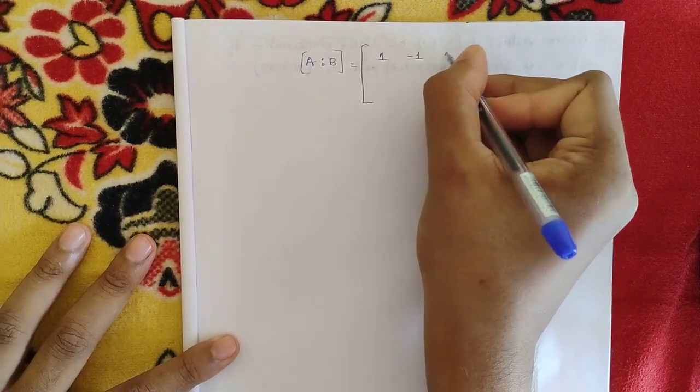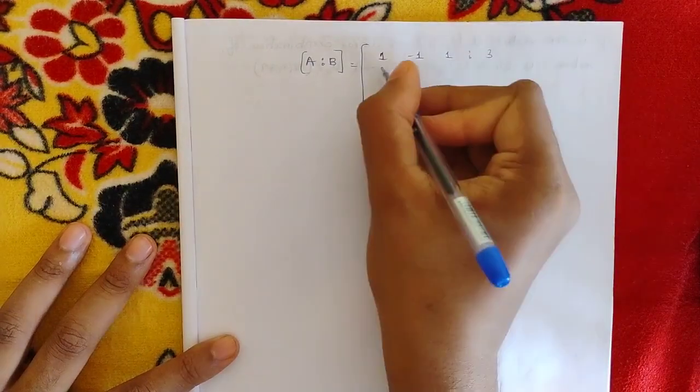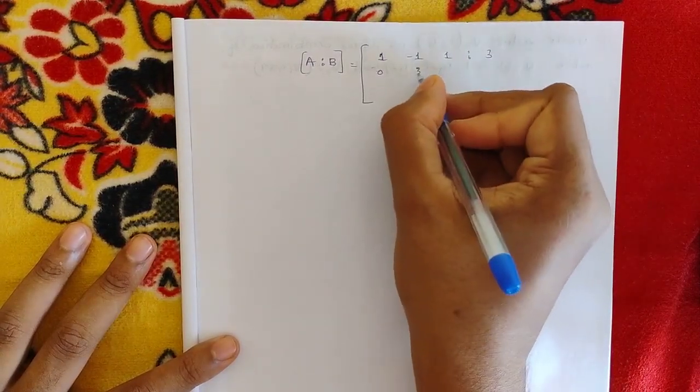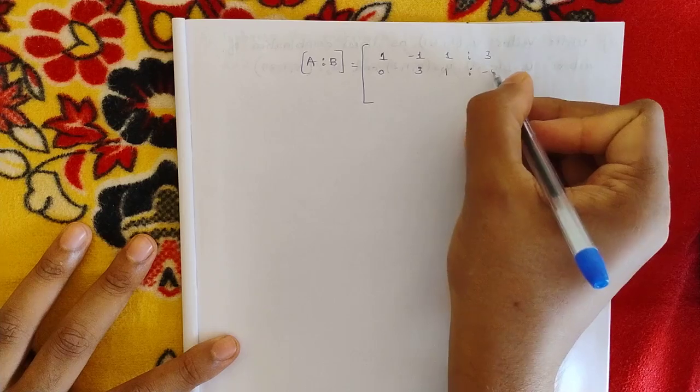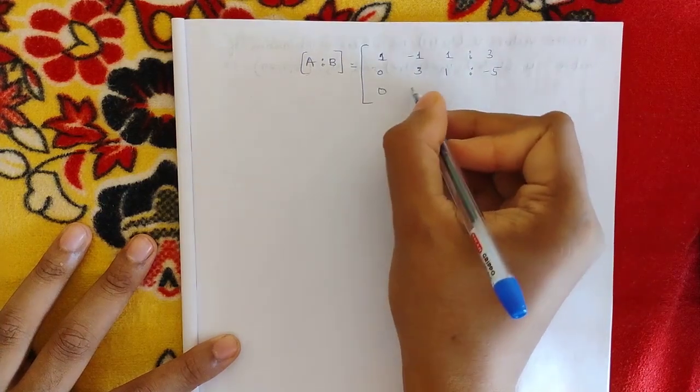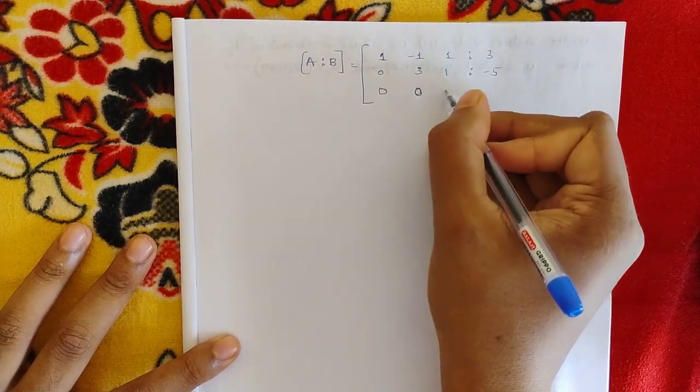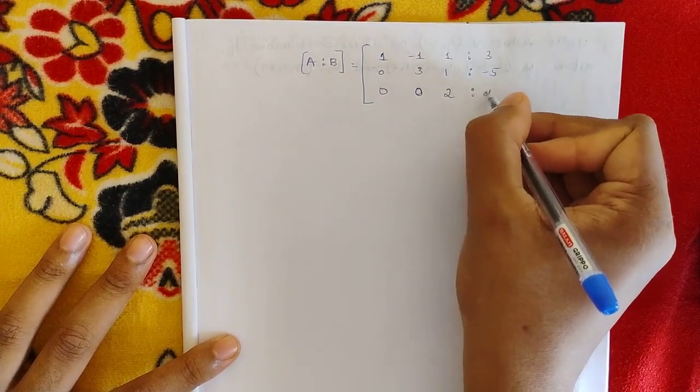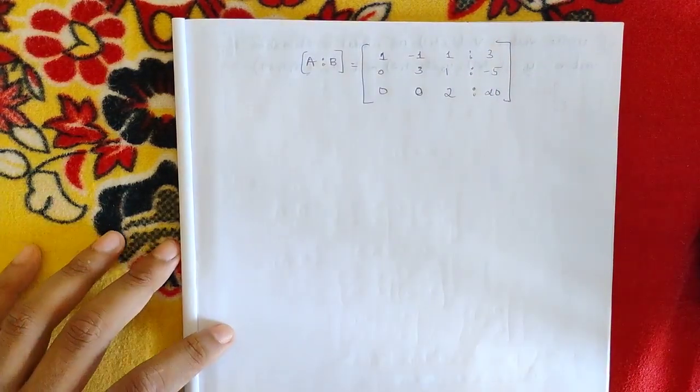First row as it is, second row after the change you write it as it is: 0, 3, 1, minus 5. This term 0, then this would be 0, and here it would be changed to 2 and 20 after the applied condition.